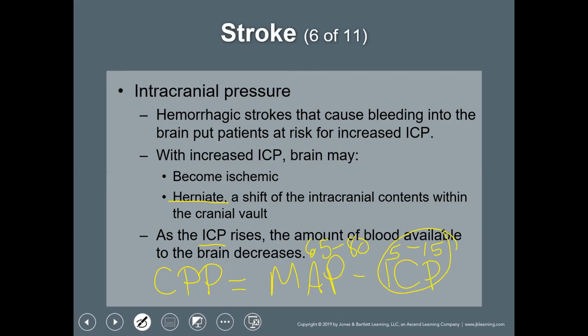Most of the cerebral perfusion pressure is directly correlated to our mean arterial pressure, because as that changes, it changes more drastically. So it's important, and you will see why in a while.